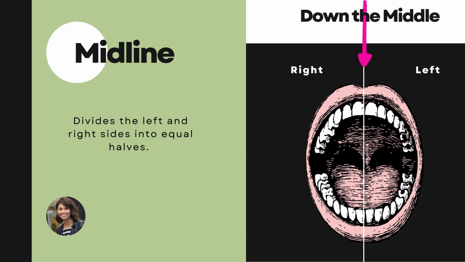Notice in this illustration, there is an illustration of an imaginary line that would exist if we were to draw it directly down the middle of both arches. This is known as the midline.